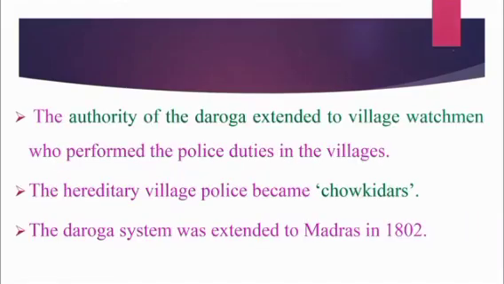Then the authority of the daroga extended to village watchmen who performed the police duties in the villages. The hereditary village police became chowkidars. Here, hereditary means from father to sons. That generation is called chowkidars.